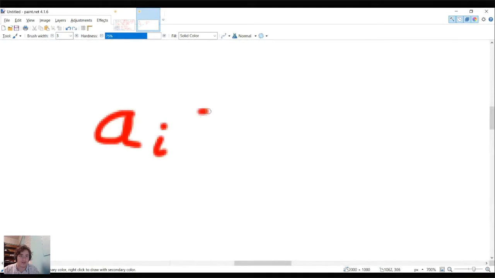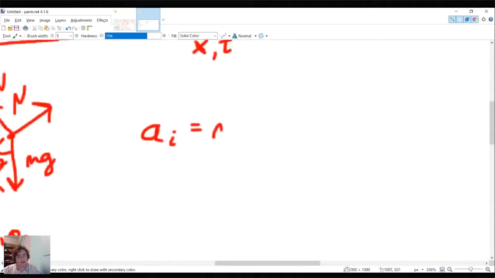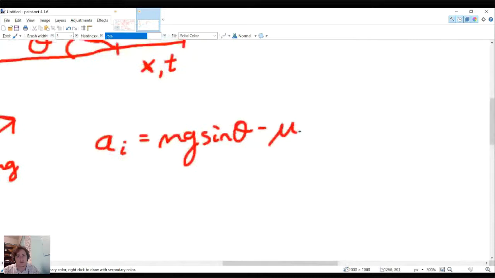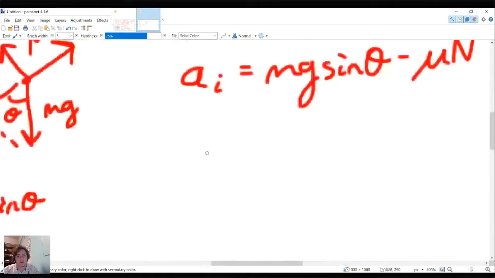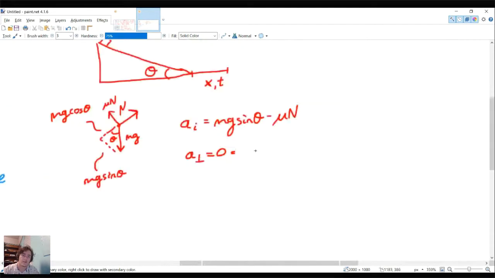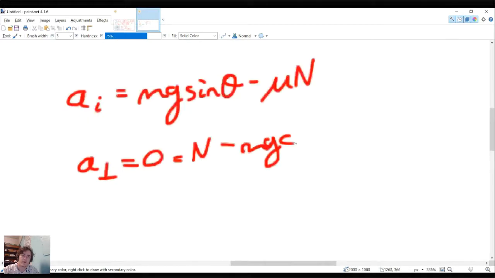So we have acceleration down the incline is going to be mg sine theta minus the friction force, which is minus mu n. We have acceleration perpendicular to the incline, which is going to be 0, which we all know isn't really true if you've ever been on one of those fair slides. You sort of bounce up and down, but we'll assume that for the sake of this. And that's going to be n minus mg cosine theta.